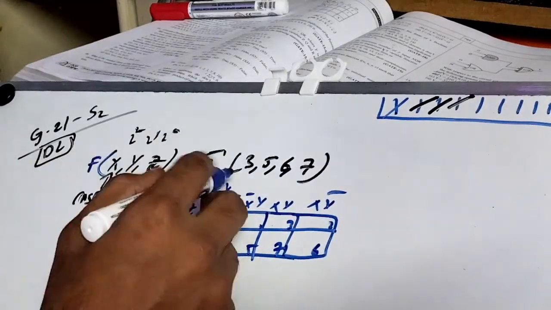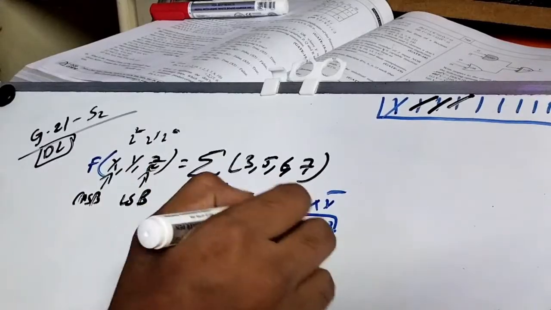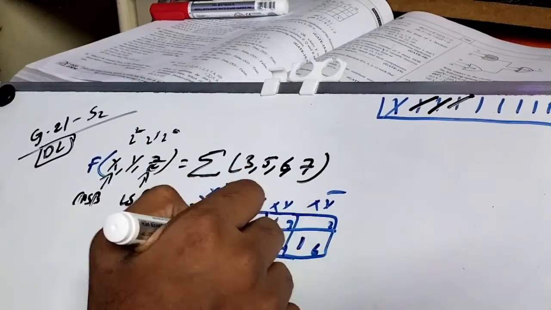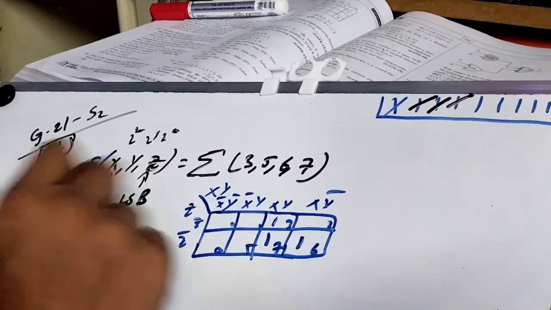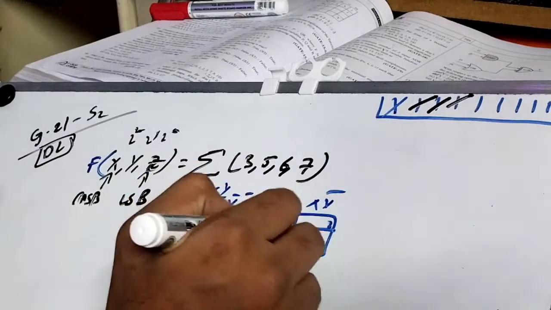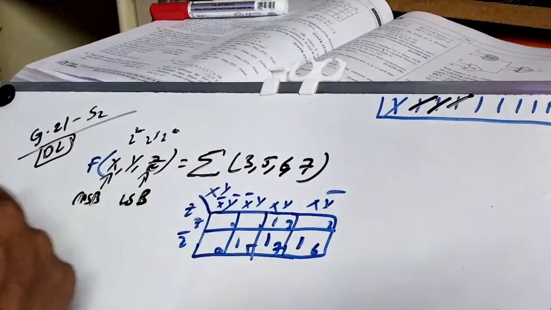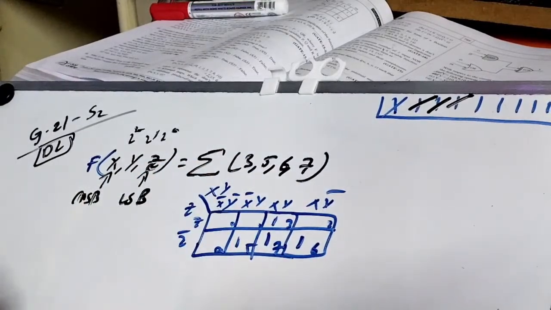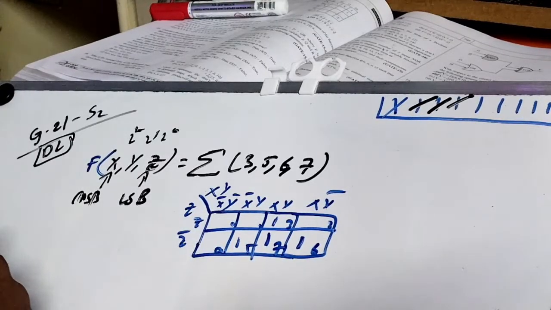They have given 3, 6, and 7 as ones. So we have to make this option for the function F.